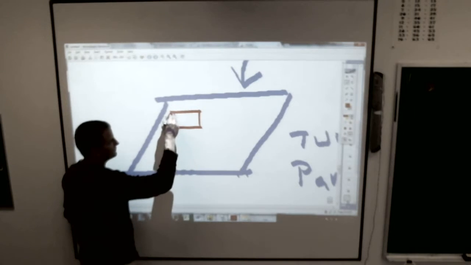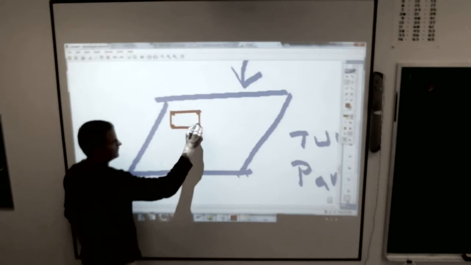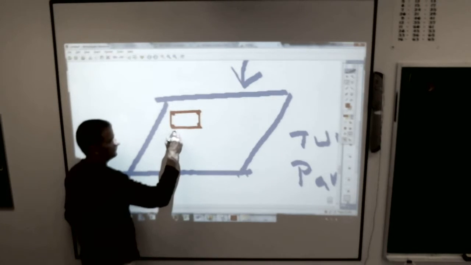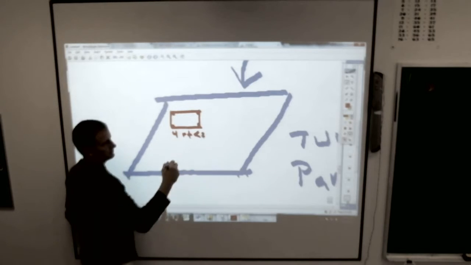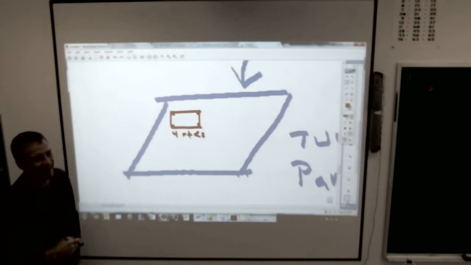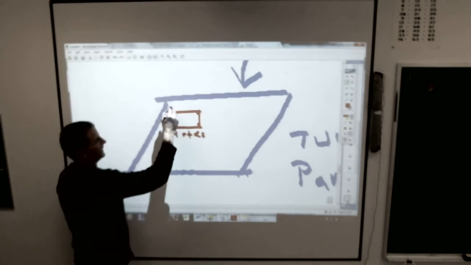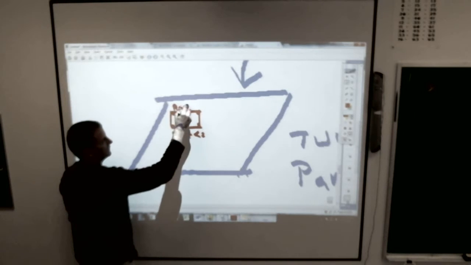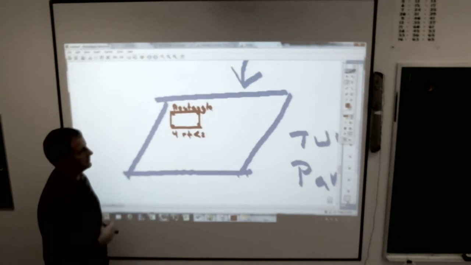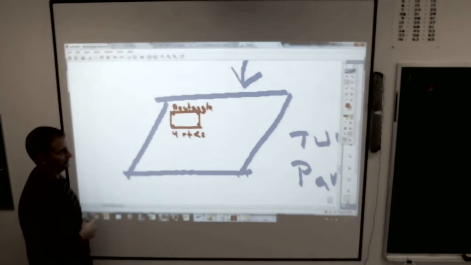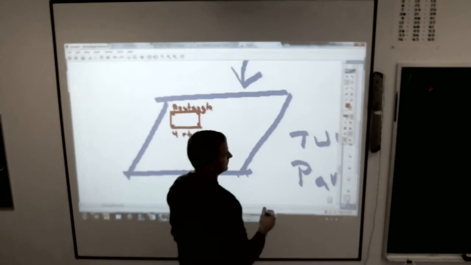No, they're not equal. Four right angles. Thank you, Wade Davis. Four right angles. That is the exact definition of a rectangle. You're going to have to bear with this because this is as small as this little thing writes.